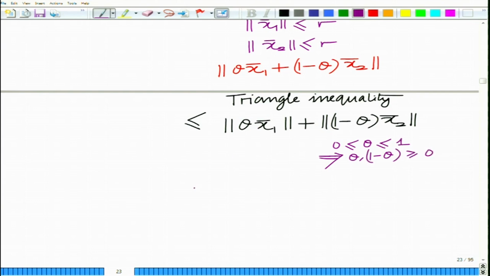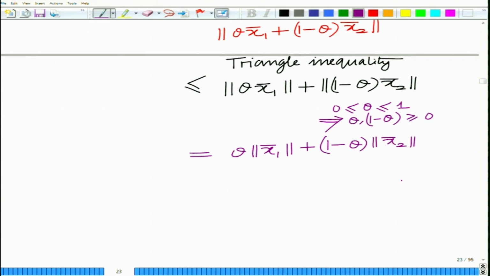So the norm of theta times x1 bar is theta times the norm of x1 bar, because theta is greater than or equal to 0, plus 1 minus theta times the norm of x2 bar, since 1 minus theta is also greater than or equal to 0. Now observe that the norms of x1 bar and x2 bar are less than or equal to r.